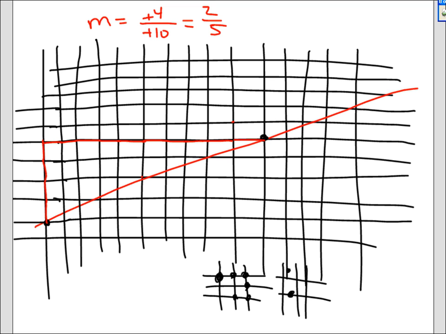Now, if I would have picked this point and say this point, yes, the slope between them is also 2/5. I'm not going to go away from that. But what I will say is I can't compute that, because I don't know how high I just went. Yes, I know I just went up one more, but then I only go up a little bit. How far up did I go?